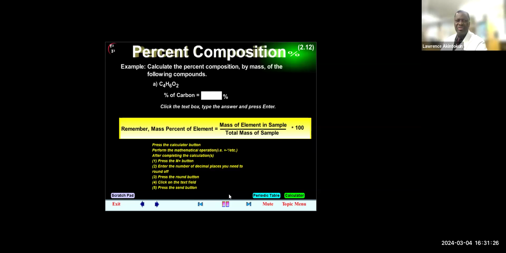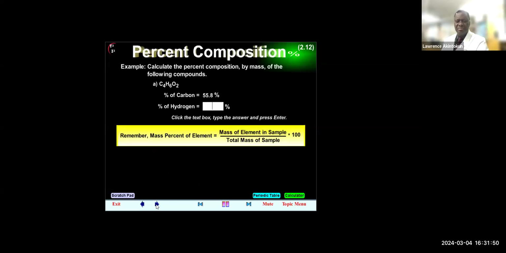Get your pen, pencil, and a calculator with your periodic table. Go ahead and find the percentage of carbon. Make sure you pause and complete the percentage of carbon before you move on.